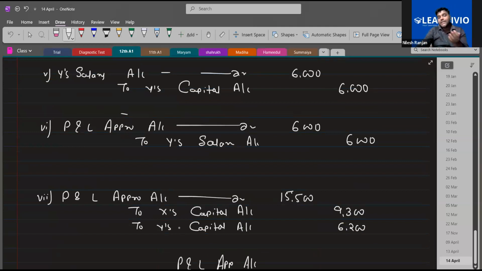But when we read the theory part, it will be profit and loss appropriation account debit to partners capital. So don't be confused. It is X capital and Y capital, means separate capital account for every partner will be written separately. Tell me if you have any doubt.